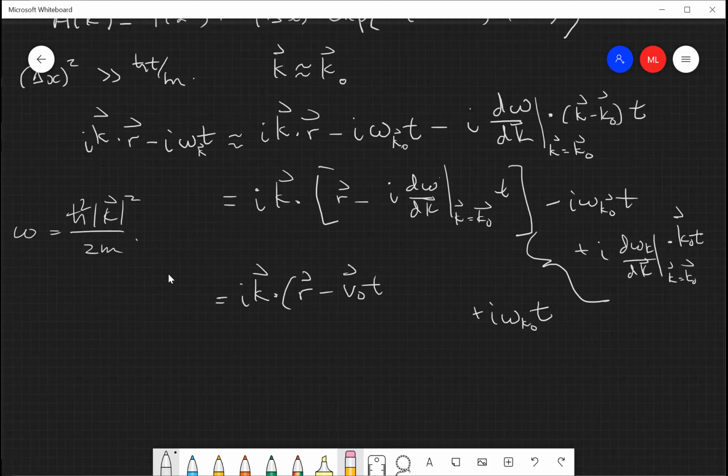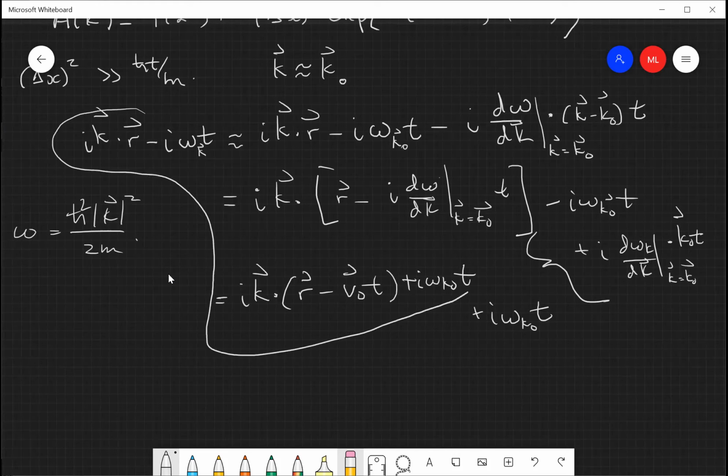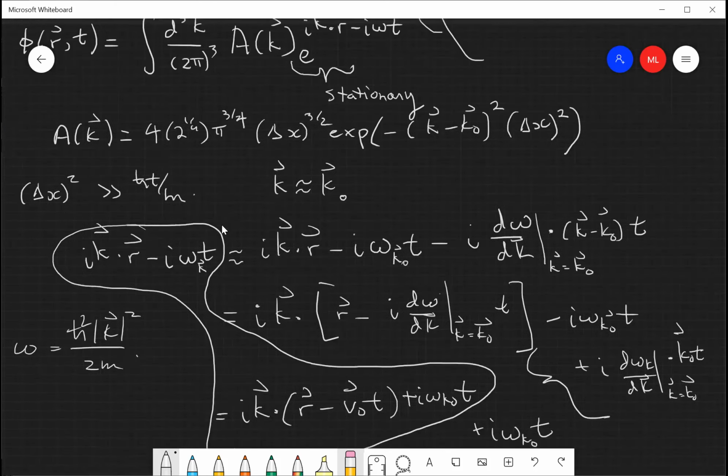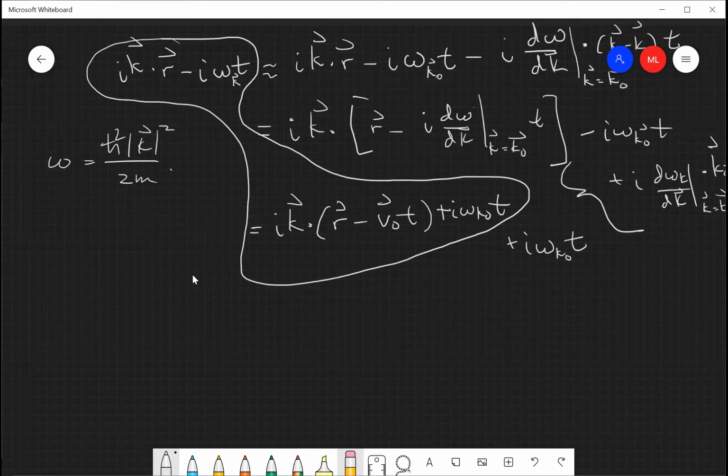And then there's also a phase, plus i omega k naught t. So that's what this guy is. So that's our final result here. So the stationary phase approximation just tells you that your wave function for the time-dependent problem, what does it look like?